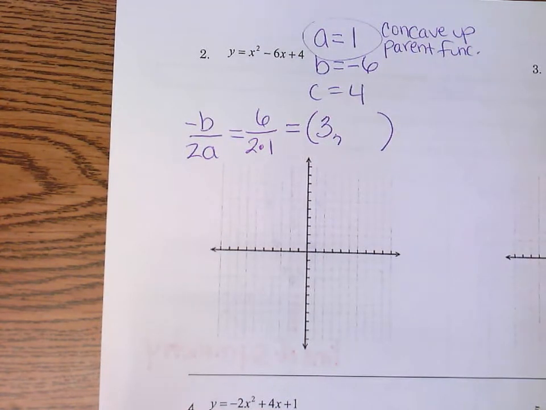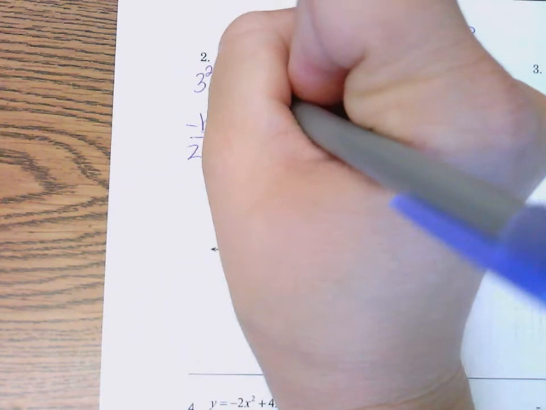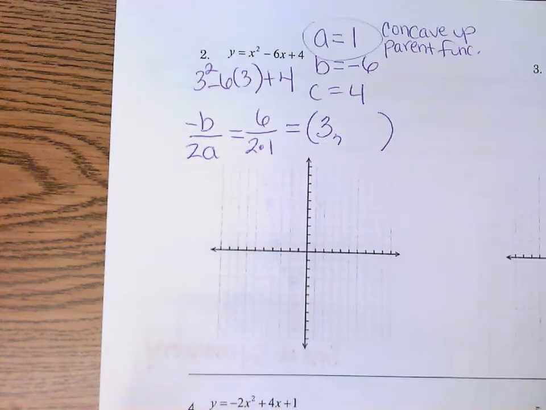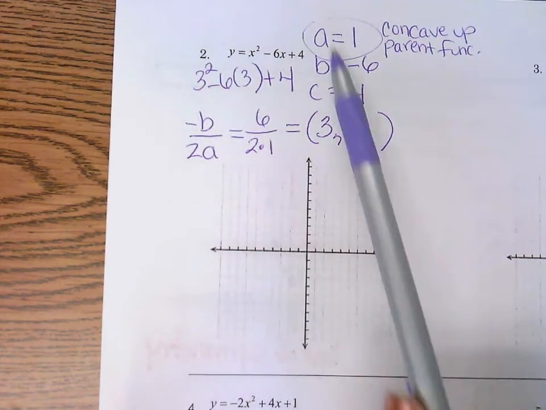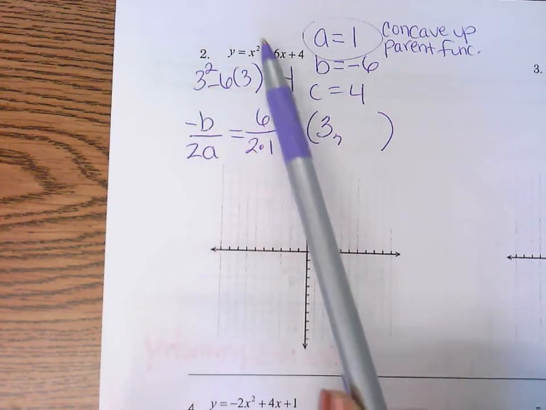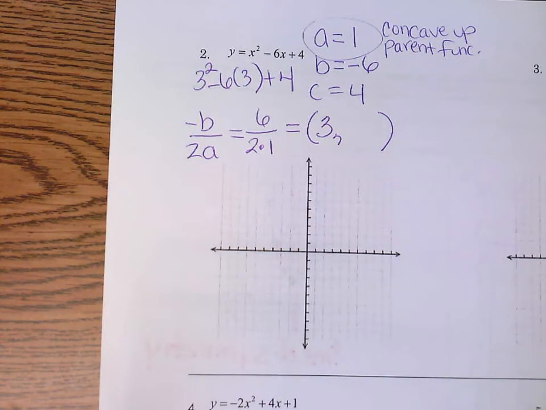Now I need to plug 3 into the original function. Right, so I'm going to do 3 squared minus 6 times 3 plus 4. So here was me just plugging it into the original function. 3 squared minus 6 times 3 plus 4.